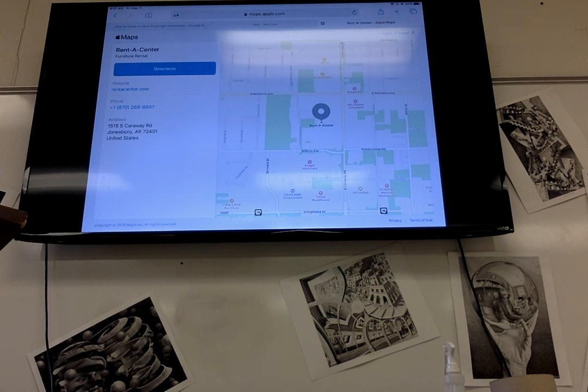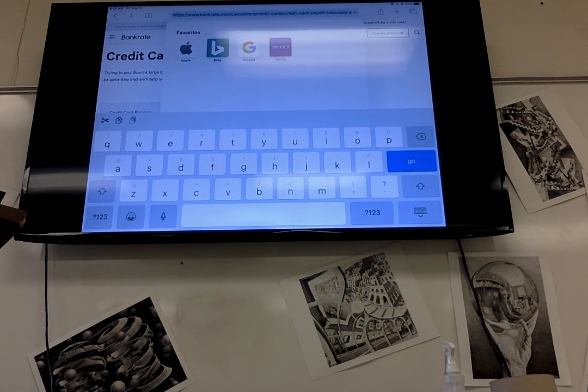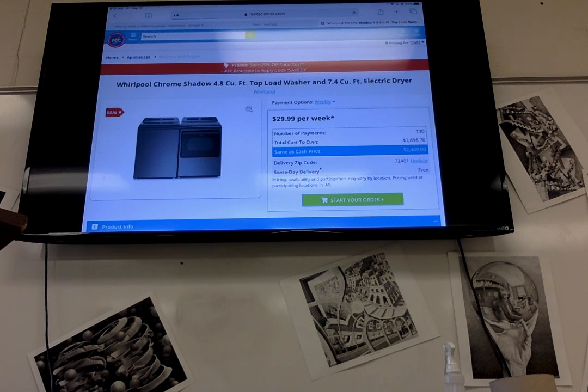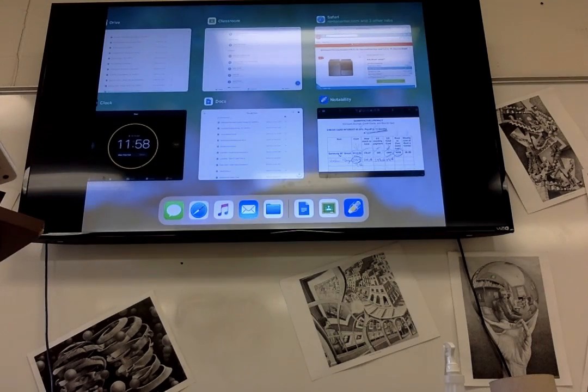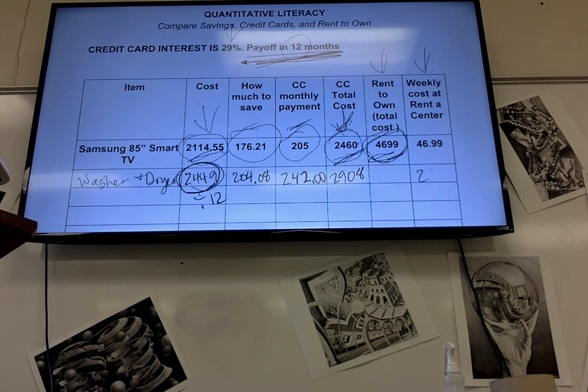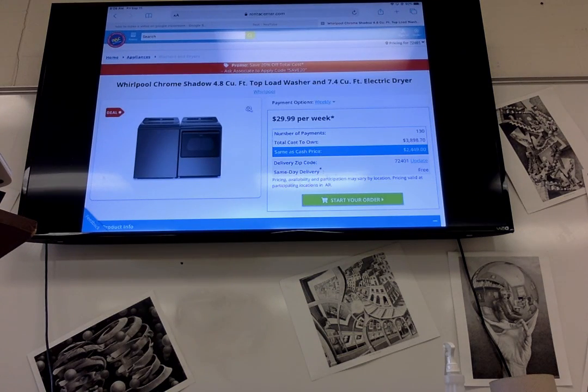Okay, on the rent-to-own website, the total cost to own was $38.98.70, and it's $29.99 a month or per week. And it was $38.98.70.